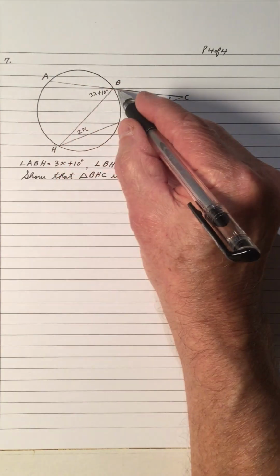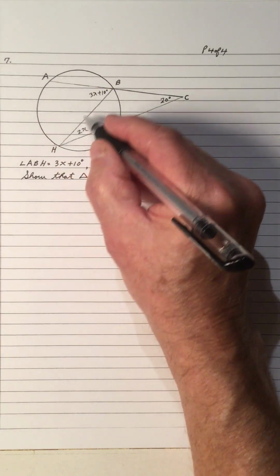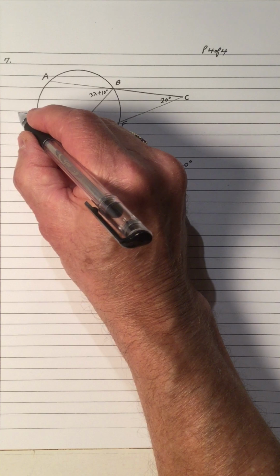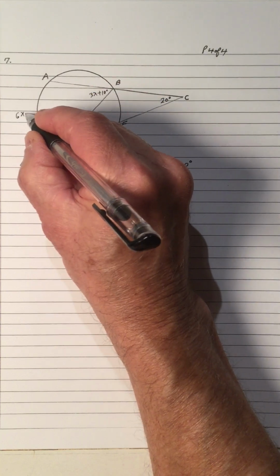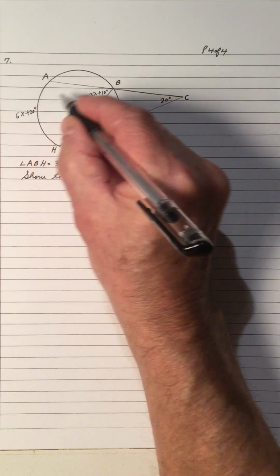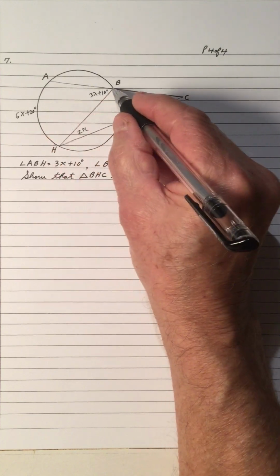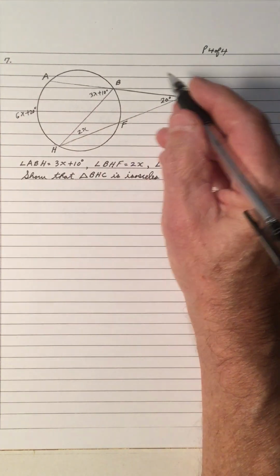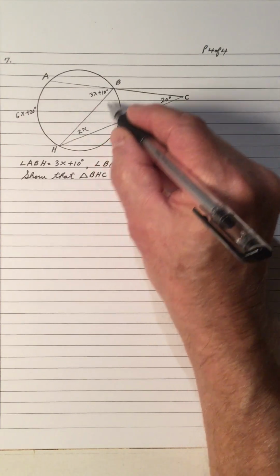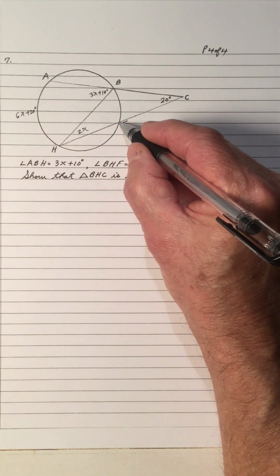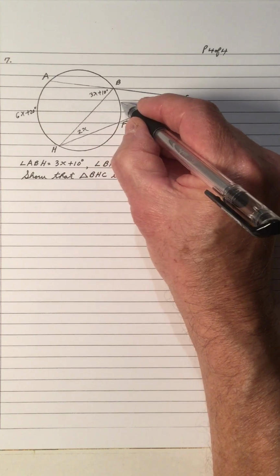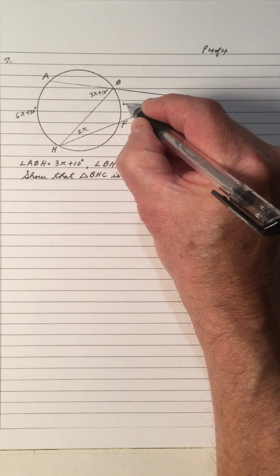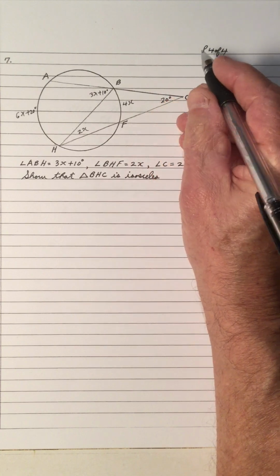So we got an inscribed angle. The inscribed angle is half the arc. So this arc is 6x plus 20. The arc is double the angle. This angle here is inscribed on this arc, so it is half of this arc. So 2 times 2x, this arc BF is 4x.